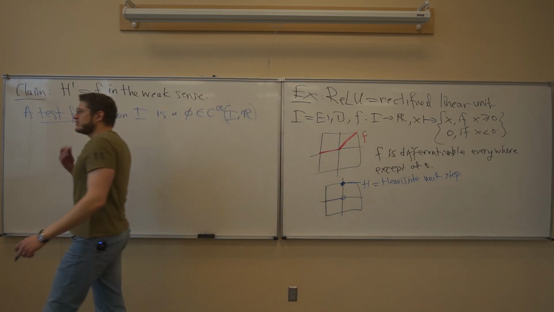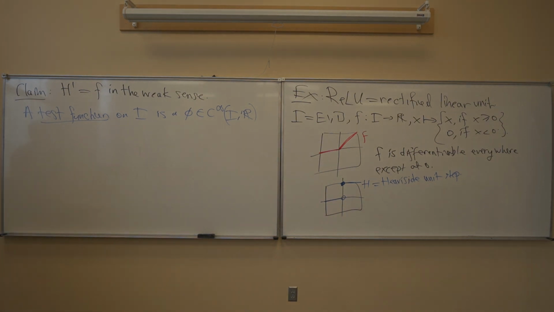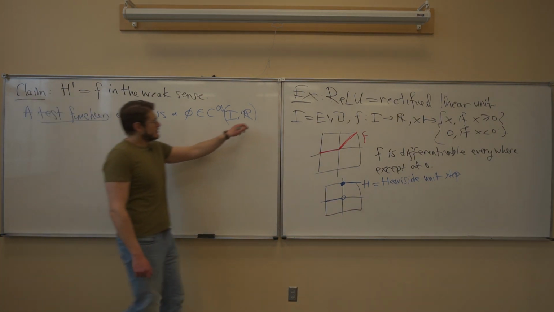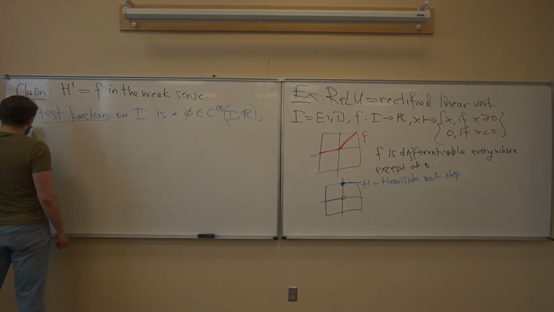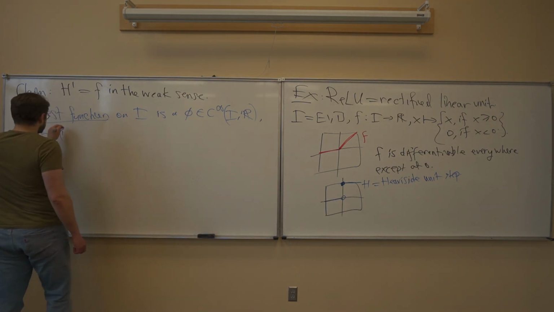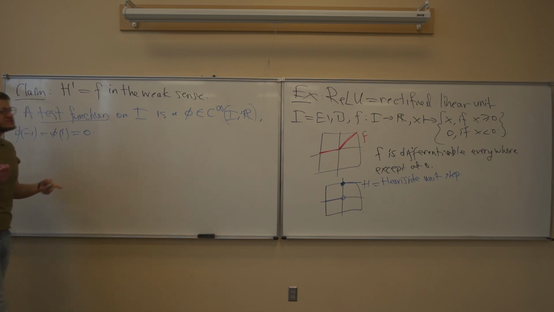And let's say that at the endpoints, it is 0. In differential equations, you would call this vanishing boundary conditions. And maybe in a second, I can mention why this is a natural thing to look into.